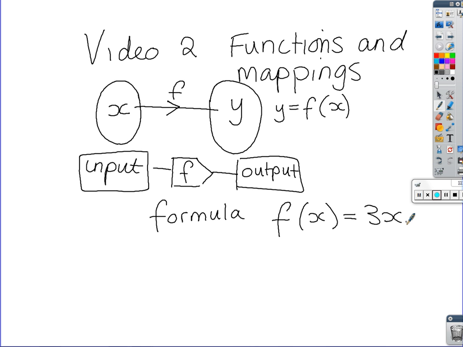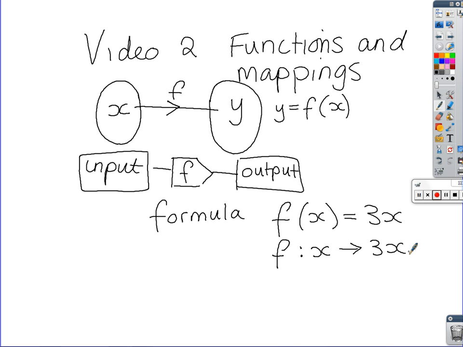An example of this would be f colon x arrow 3x. So this means x maps to 3x. So if you put x in, you get 3 times x coming out.